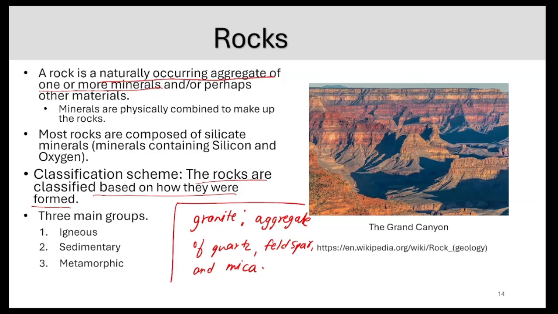These three categories are igneous rock, sedimentary rock, and metamorphic rock. Each rock group tells us a different story about Earth's history.